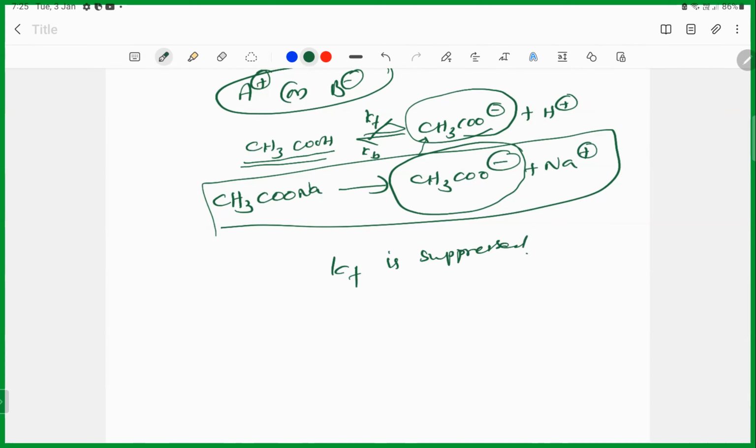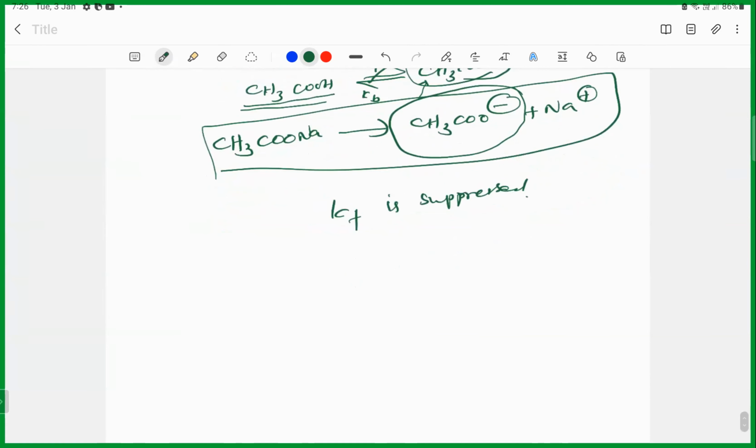So how can we define this? If to the solution of a weak electrolyte, either an acid or a base, a solution of a strong electrolyte is added which furnishes an ion common to that furnished by the weak electrolyte, the ionization of the weak electrolyte is suppressed. Is it clear?